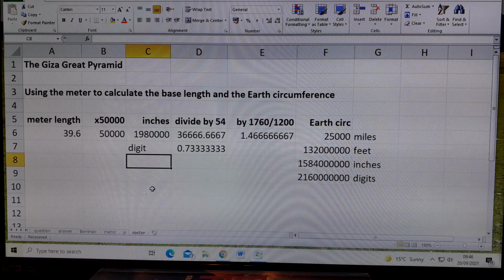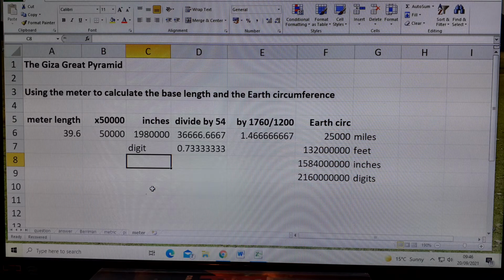So we can say that the pharaoh wanted the Giza base to be scaled against 50,000 meters in this instance. His scribes would tell him that there were 54 digits or 55.555 recurring shuzi in the meter.